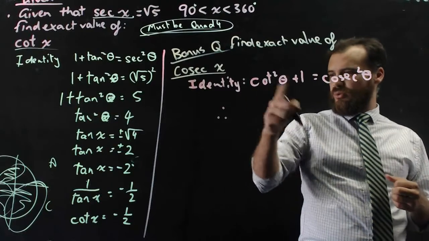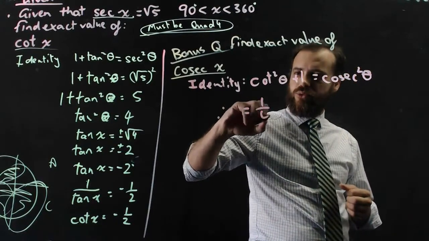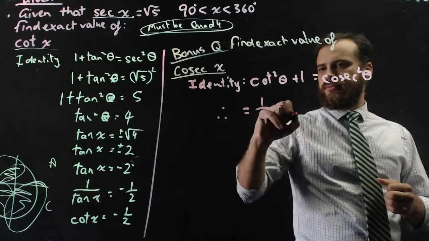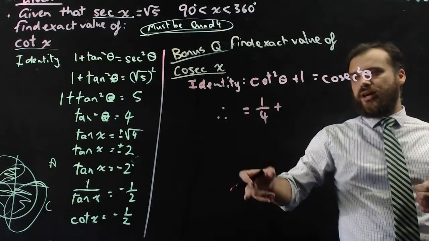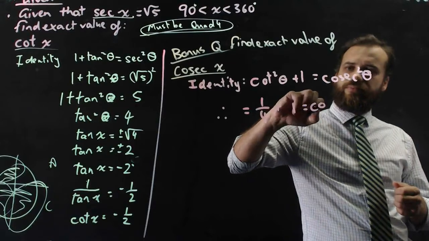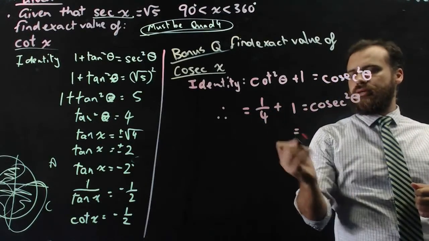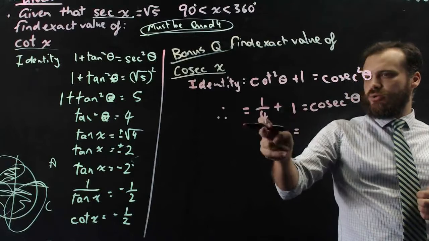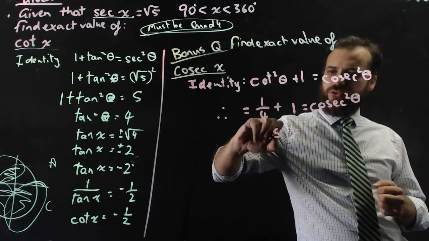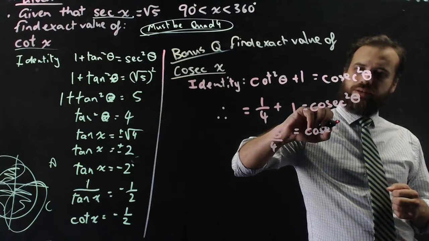So cot x is equal to negative a half, so cot squared x is going to be equal to 1/4. Negative a half squared is 1/4, plus 1. So 1/4 plus 1 is 5/4, equals cosec squared theta.